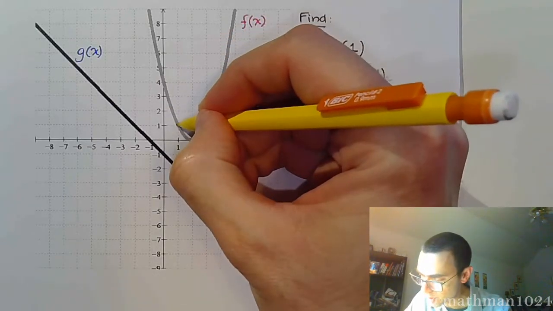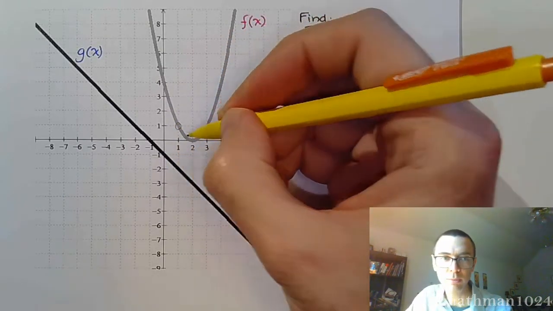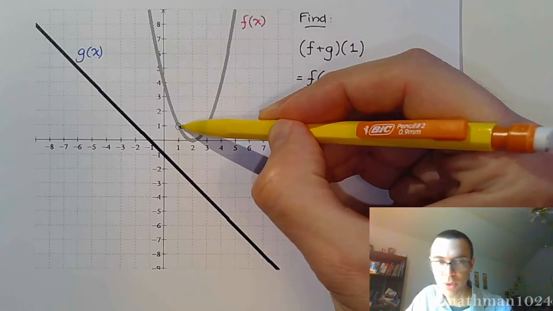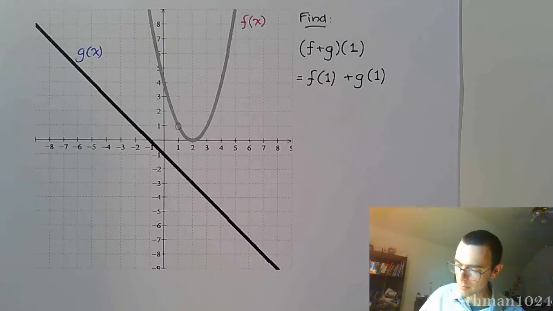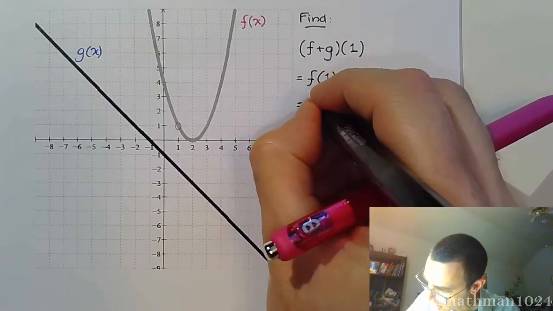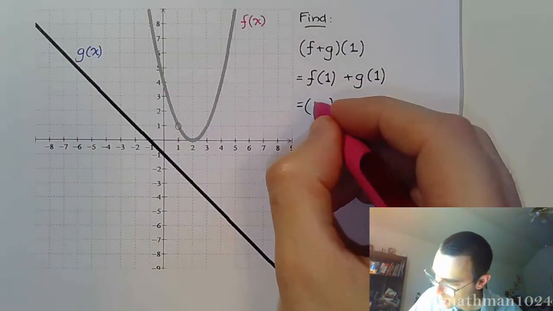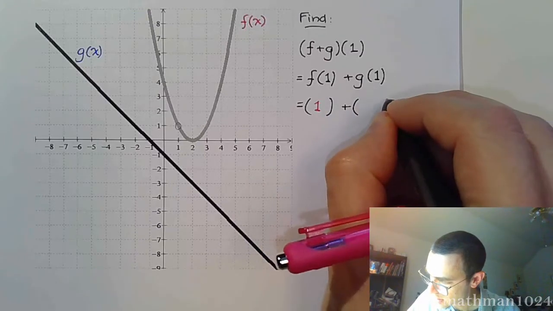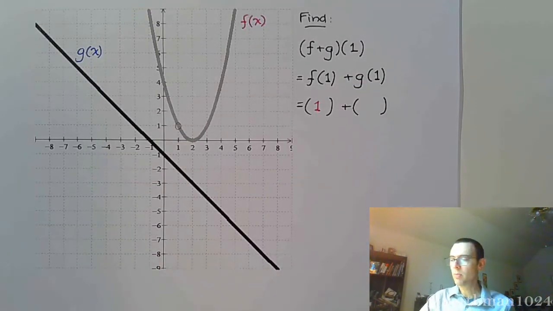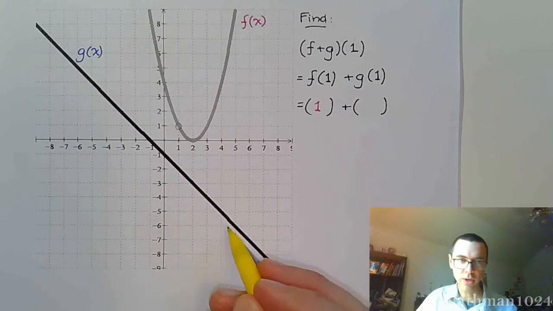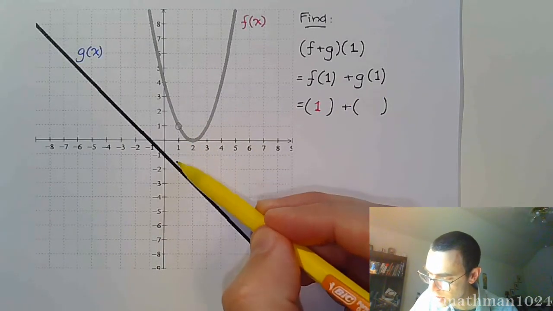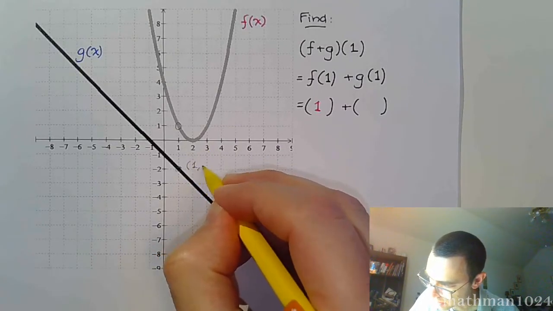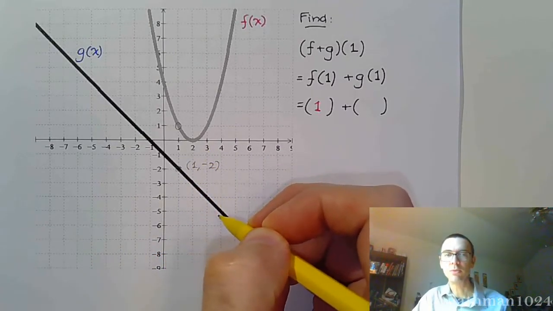When x is 1, you're right here, so f of 1 gives you an output value of 1. So this is equal to 1. And then plus, what's g of 1? Well, g is this line right here, and when x is 1, you're down here at the ordered pair positive 1, negative 2.